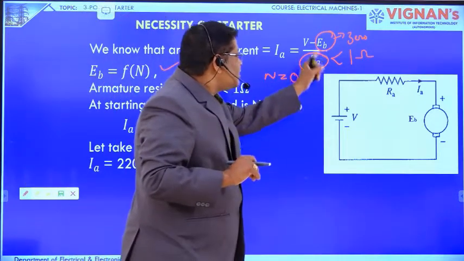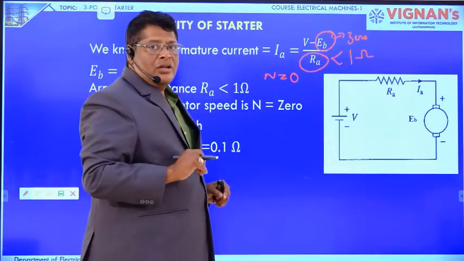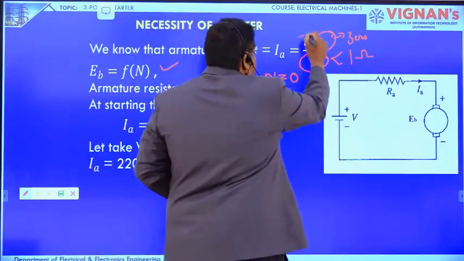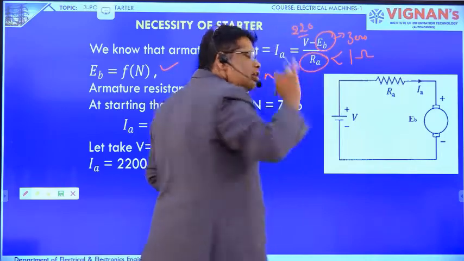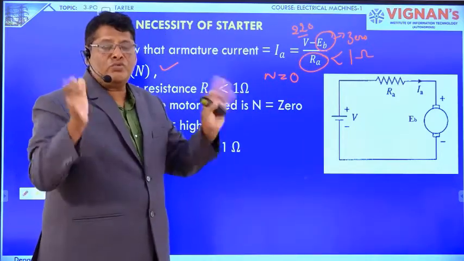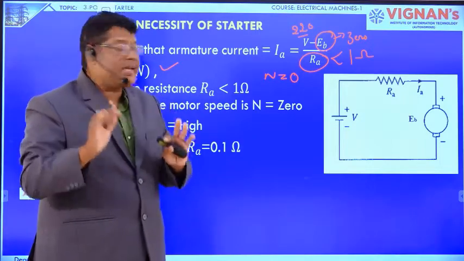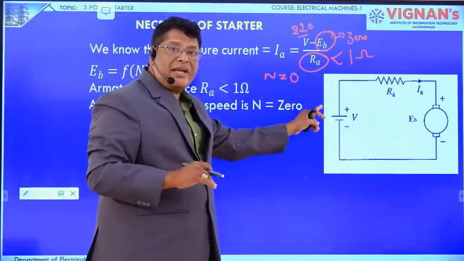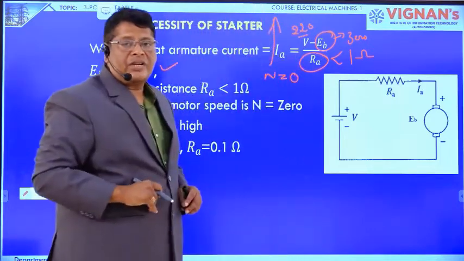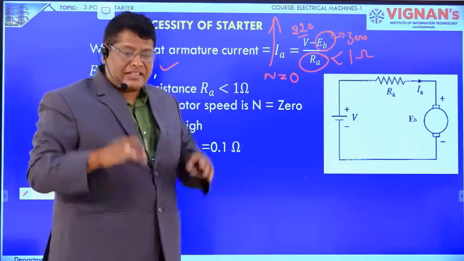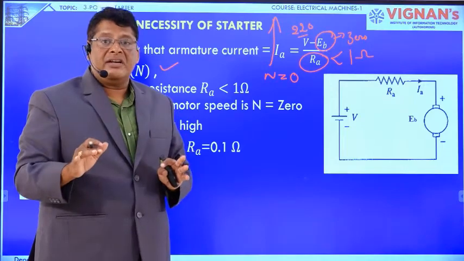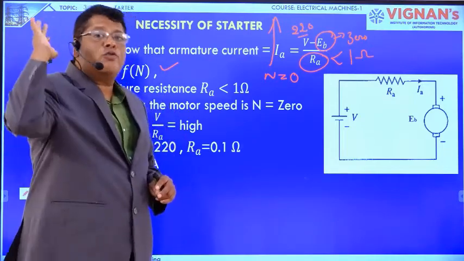If the armature resistance is less than 1 ohm, the voltage applied to the motor is minimum 220 volts. Some motors have lesser voltage, but in our lab it is 220 volts. The voltage is high while the resistance is low, so the starting armature current will be very high, about 6 to 7 times the full load current.